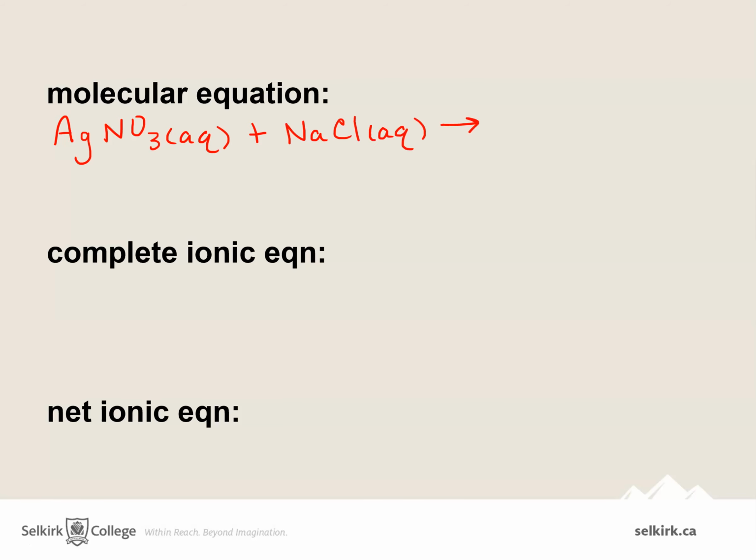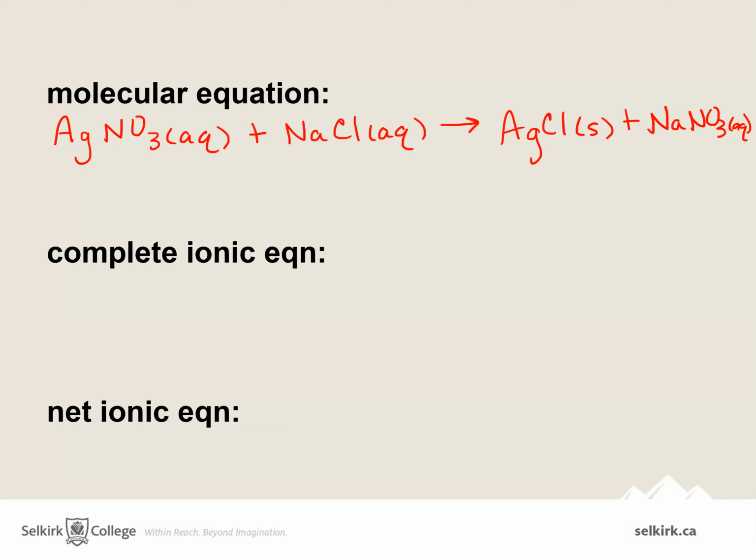I wish it wasn't called a molecular equation because there are no molecules in this whole thing. What they mean when they say molecular equation is that you don't see any charges. Although there are ions present, they're disguised when I pair the positive and negative ions together in the formula.